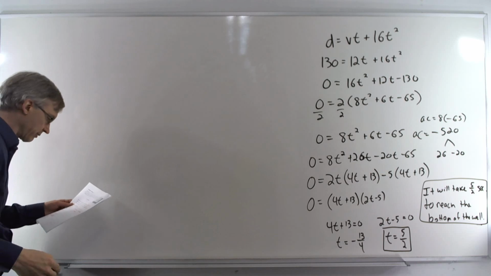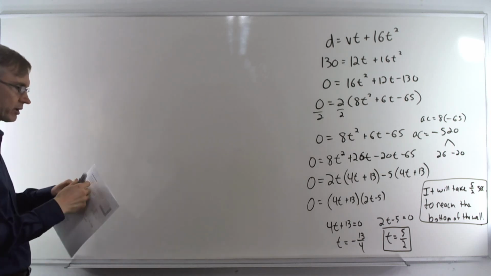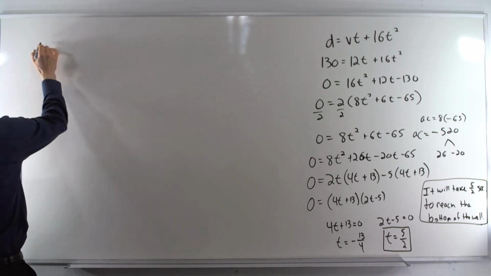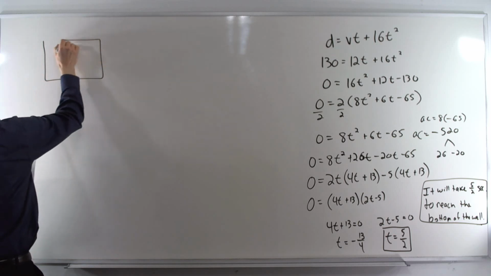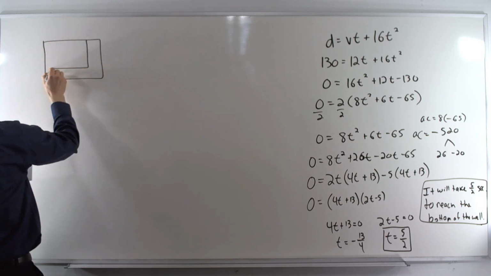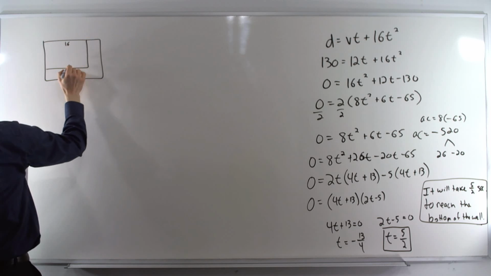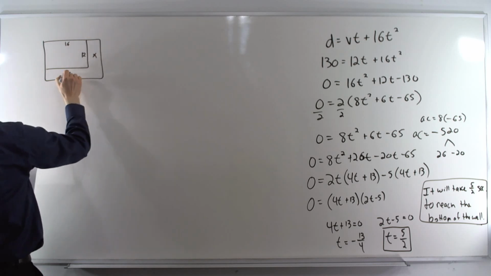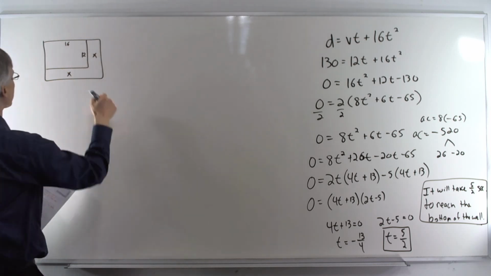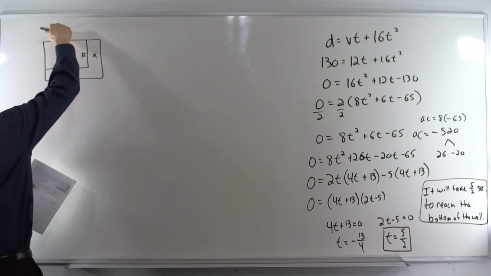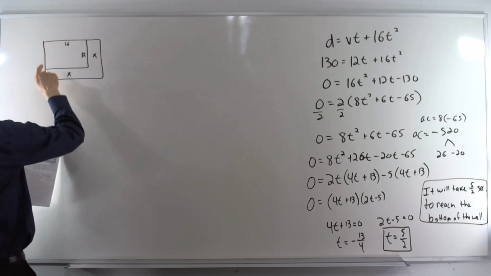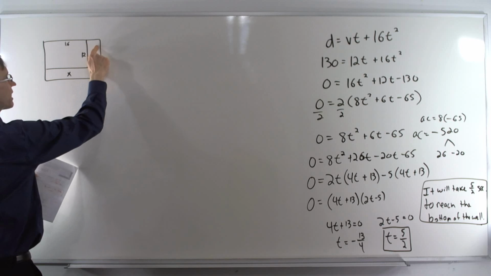First question asked, write an expression for the length of the entire area, including the border. So we've got 16 here, we got 12 here, x here, and x here. So what they're asking for is the length of the entire area from here to here. So we've got 16 to here, and we have x to here.